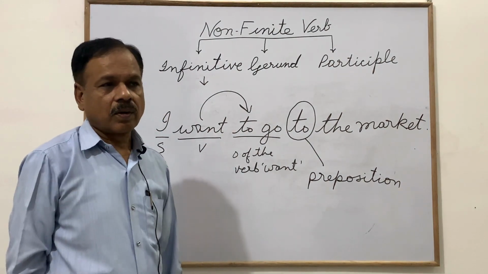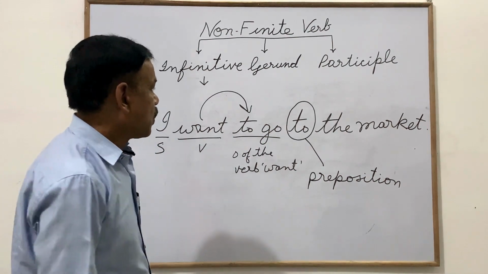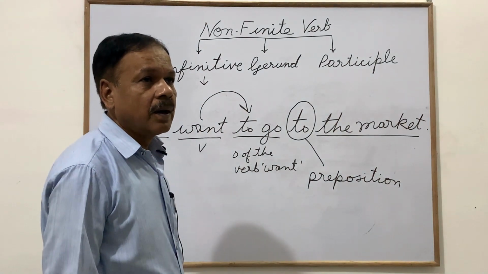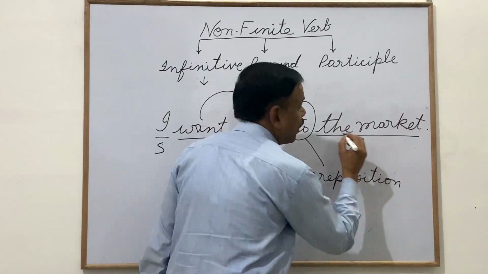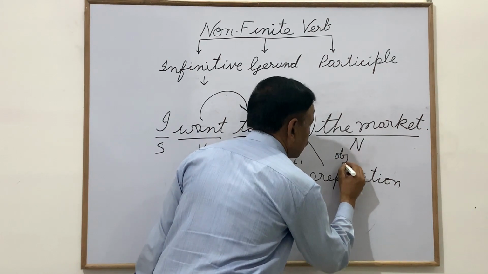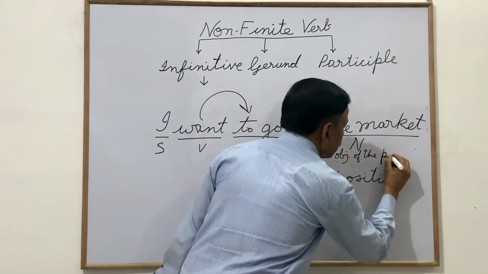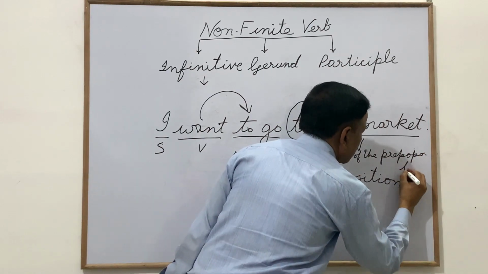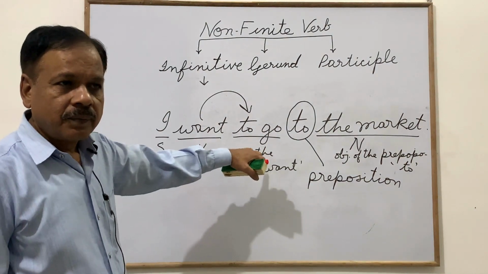Objects of prepositions are also nouns. So, to the market. This is what? Object of the preposition. So here also it's functioning as a noun. Object of the preposition to. Correct? Okay. Understood?